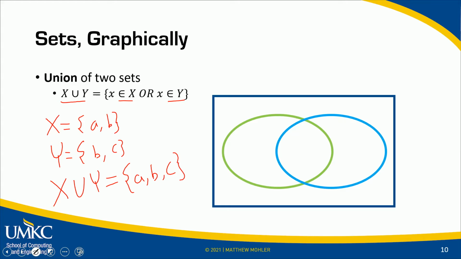That's because a set can only represent each element once.